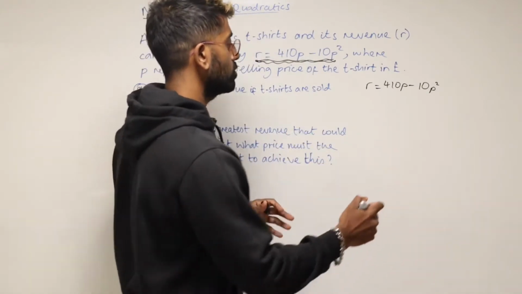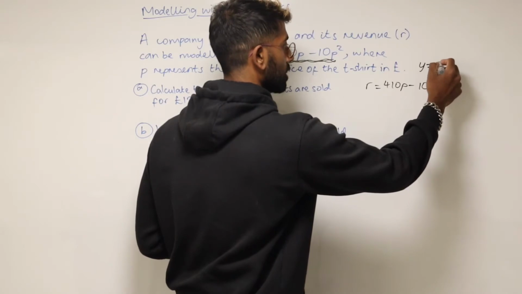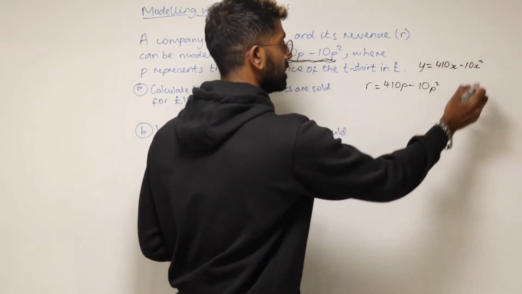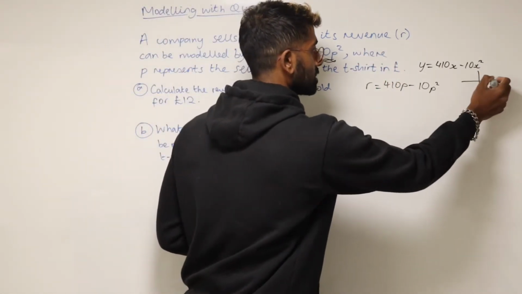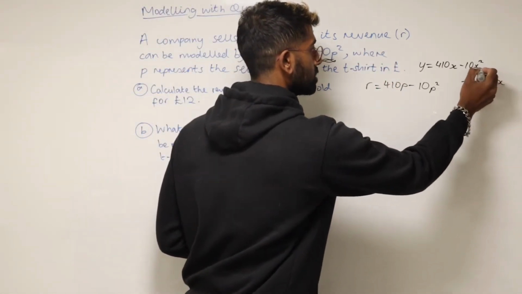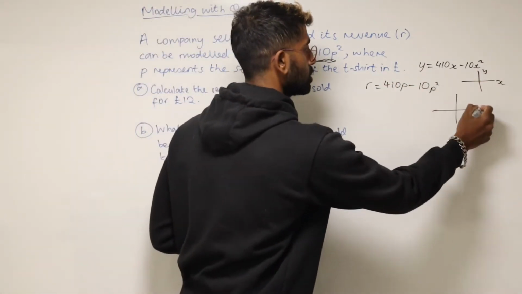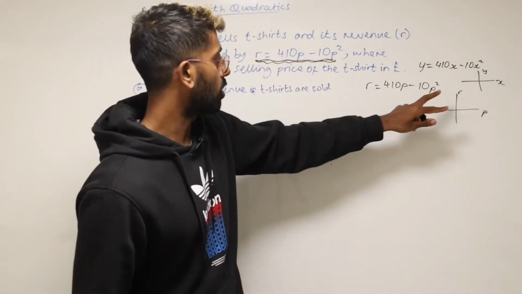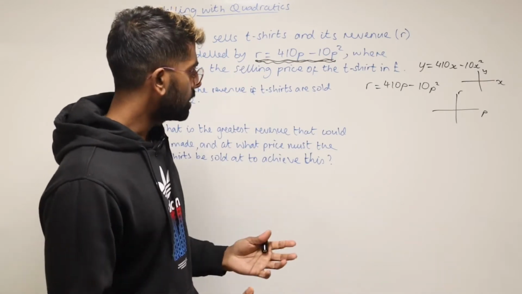On top of it, I'm going to put y equals 410x minus 10x squared, because that's usually the way we see things, with y's and x's and an x-axis and a y-axis. Hopefully you can see that with our function, we're going to have a p-axis and an r-axis. So r is revenue, p is price. Let's get cracking.